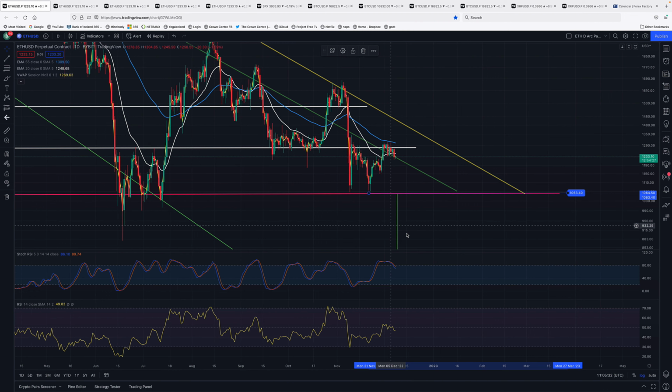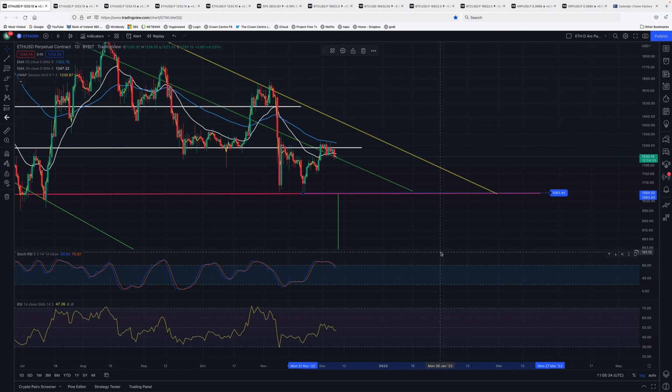Now, the ETH and the Bitcoin conversation will be quite short because they haven't moved too much. You will see they've done a very small sideways range yesterday. So what we have here is we've closed below the 20 EMA on the daily.